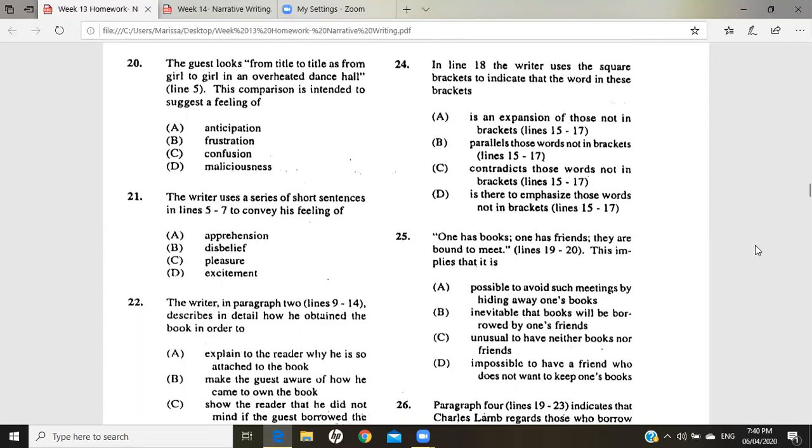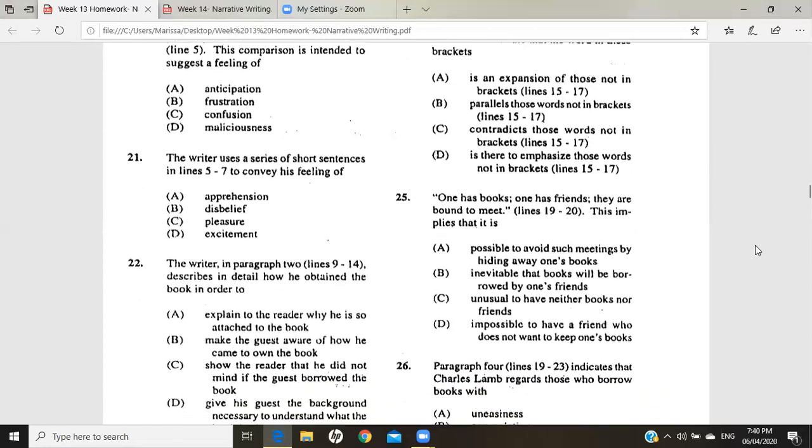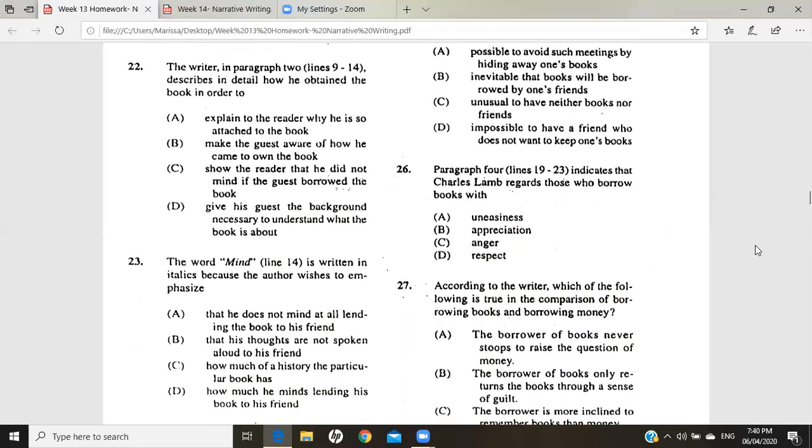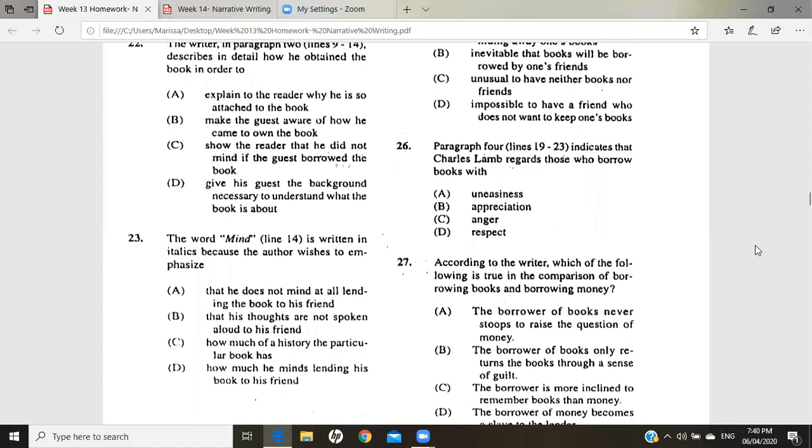24 was C. 25 says, one has books, one has friends, they are bound to meet. Lines 19 to 20. This implies that when they are bound to meet, if something is bound to happen, it means that it is inevitable. So the answer is B. 26. Paragraph 4, lines 19 to 23 indicates that Charles Lamb regards those who borrow books with.